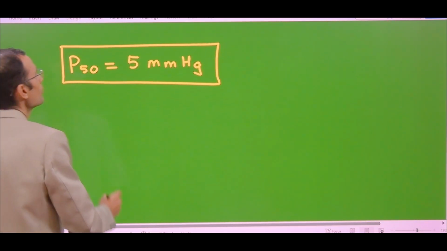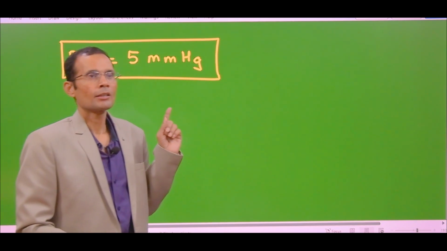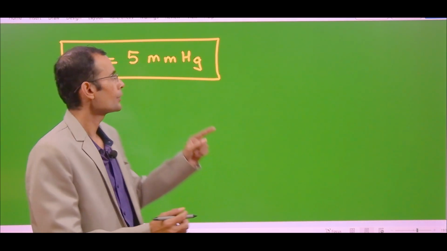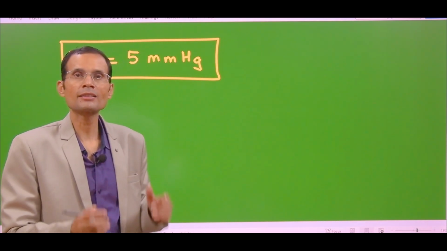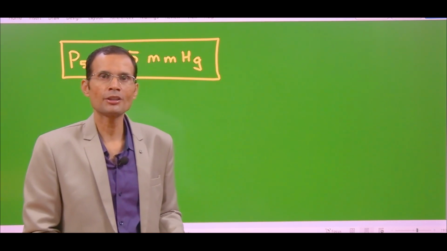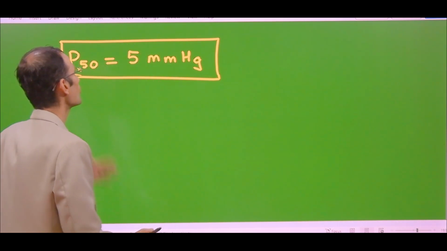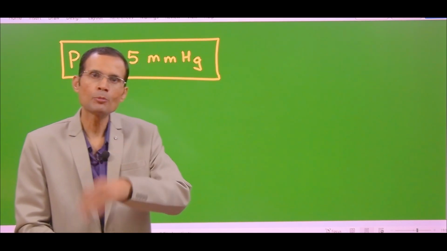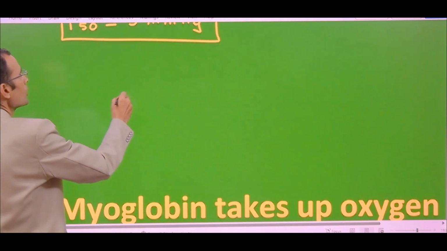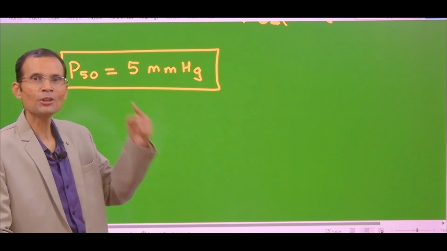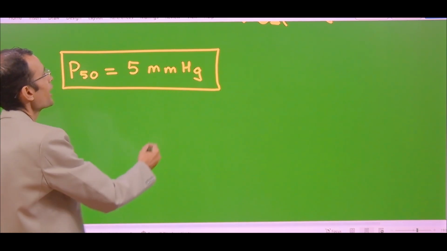I repeat once again, what is P50? That partial pressure of oxygen at which the hemoglobin or myoglobin are still 50% saturated. They are still holding half of their oxygen. That is the concept of P50, either for hemoglobin or for myoglobin. So P50 for myoglobin, just for the sake of your remembering, is 5 mm of Hg.